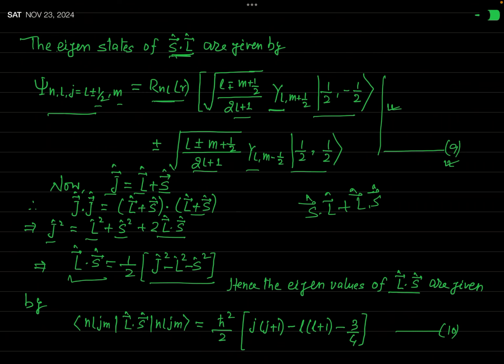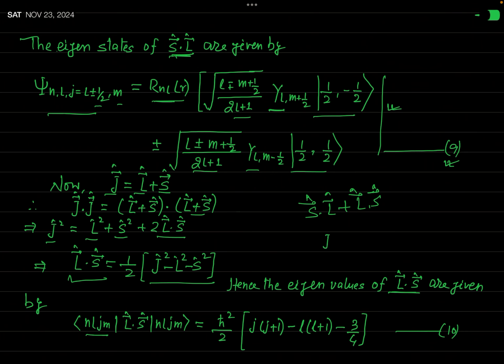Okay, and the expression for L dot S is this much. Actually, when you say that we are going to find the eigenvalues of L dot S, it means you are going to find the expectation value of L dot S with respect to this state, n l j.